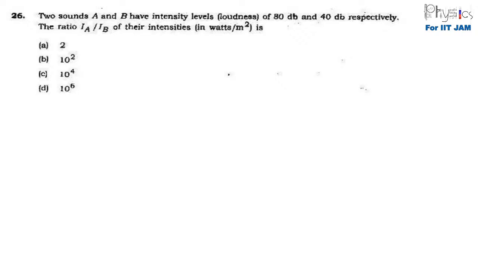The ratio IA by IB, that is intensity of A by intensity of B in watts per meter square, is: option A 2, option B 10 to the power 2, option C 10 to the power 4, option D 10 to the power 6. So tell me which is the correct option here. Is it A or B or C or D?